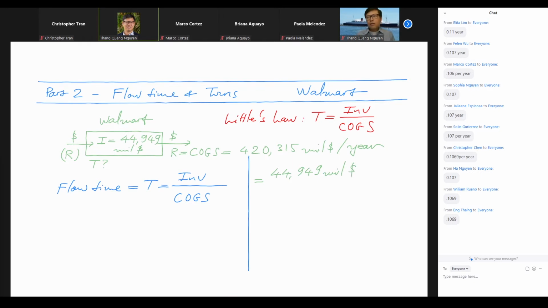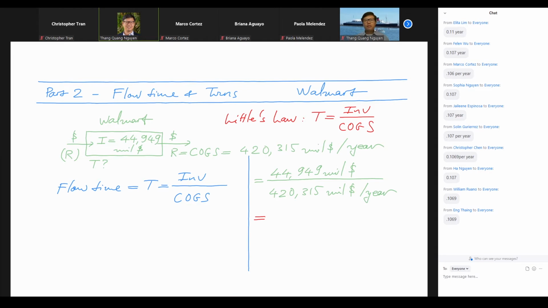Divided by 420,315, also $1 million, per year. So the $1 million will be canceled out, and the year will be flipped up. So at the end we get the number and the unit. The unit is built in, automatic, so that we can make sense of the number.